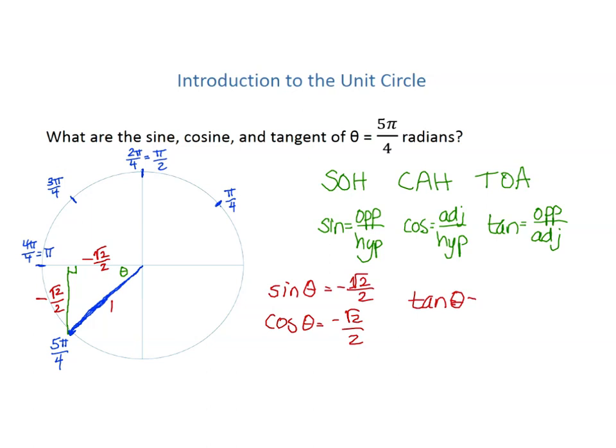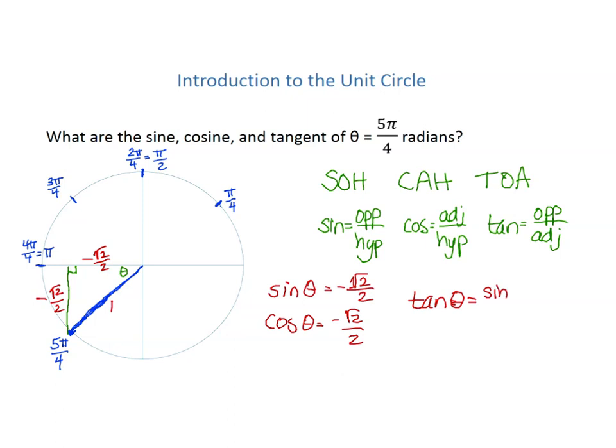And then tangent theta, tangent is opposite over adjacent. So tangent is going to be this one over this one. So basically, it's my sine over my cosine, right? This one number was my sine, and this one was my cosine. So tangent is sine over cosine.